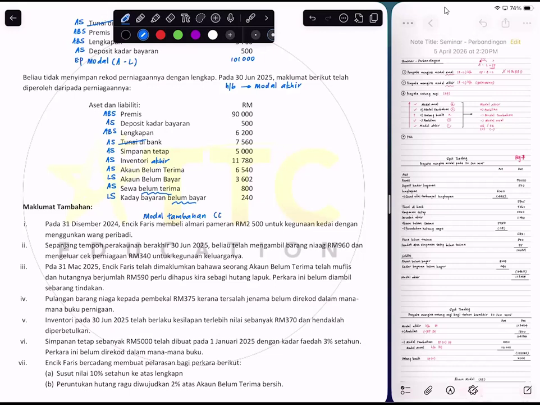By 2,500. And then he bought almari pameran, display rack. Display rack is something like if you go to the shop, there might be some racks that display the product, right? Are those racks movable? Not really, right?